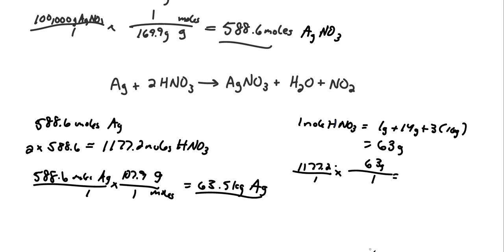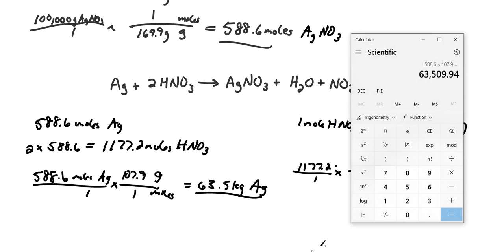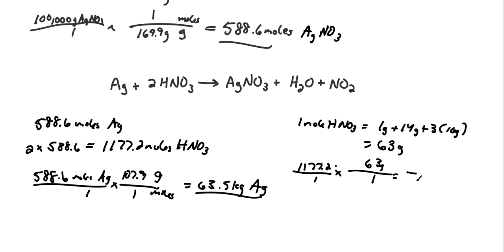So if we multiply 1,177.2 times 63, we get 73,848. We'll go 73.9 kilograms. So we need 73.9 kilograms of nitric acid. Okay. So that's how much silver we need, how much nitric acid we need, HNO3.